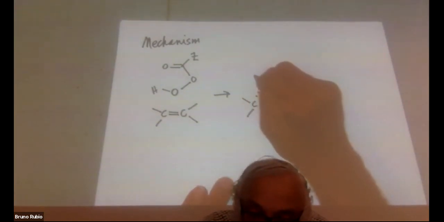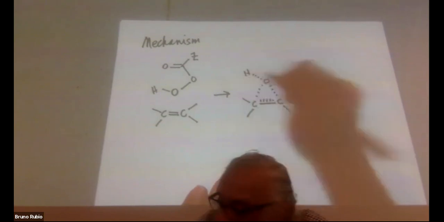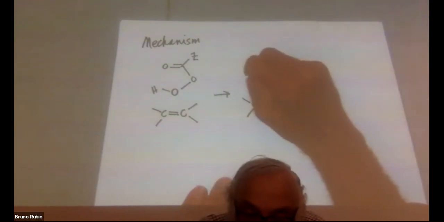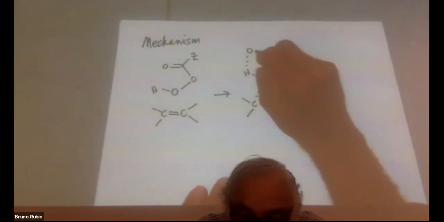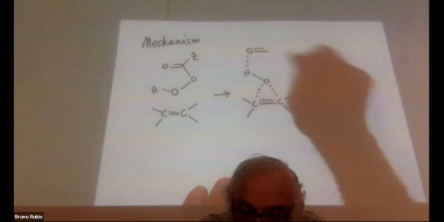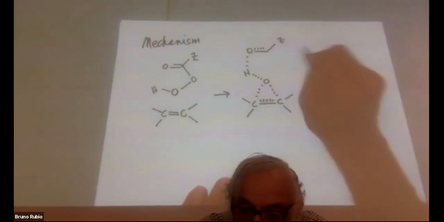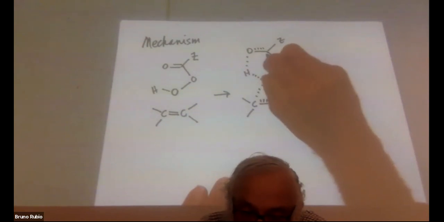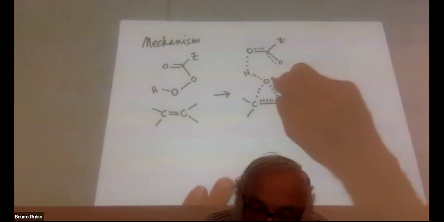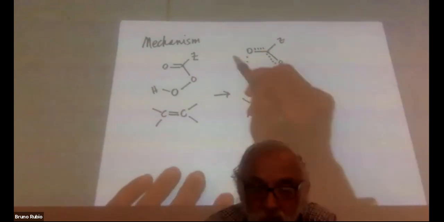The oxygen-hydrogen bond here, that is decomposing, and this hydrogen is being picked off by this oxygen, and this double bond is also decomposing like that. And then this single bond, this oxygen, is going to be promoted to a double bond, and this single bond is going away as well.